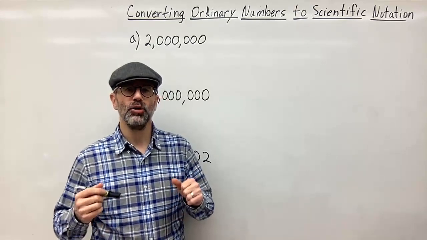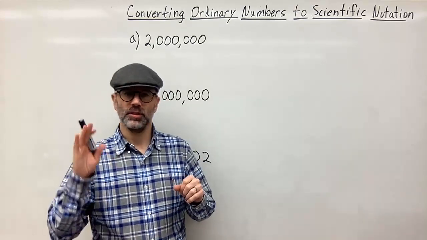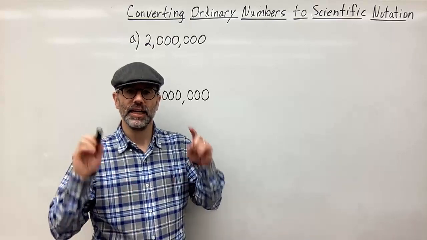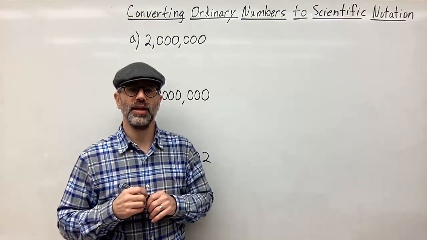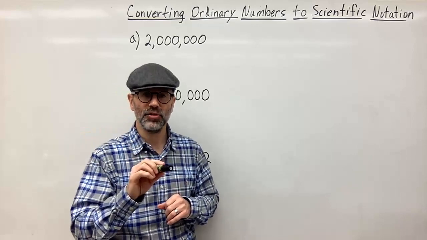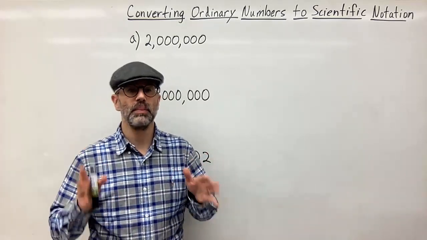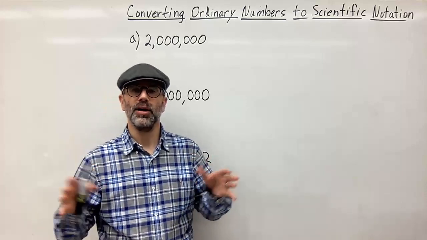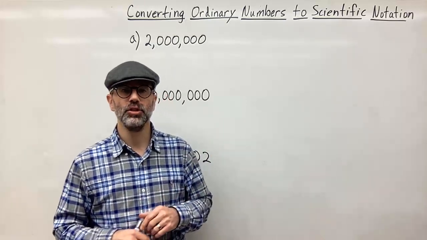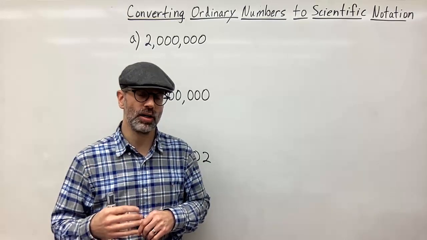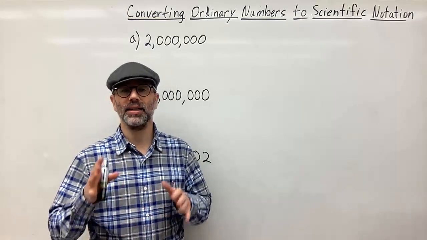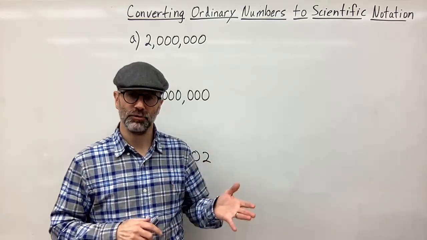Okay, so large numbers, 10 or greater. If you have a large number, then the exponent on the 10 is going to be positive. If you have a small number, which for me, what I mean by small is a number less than 1. So if you have a number less than 1, the exponent on the 10 is going to be negative.